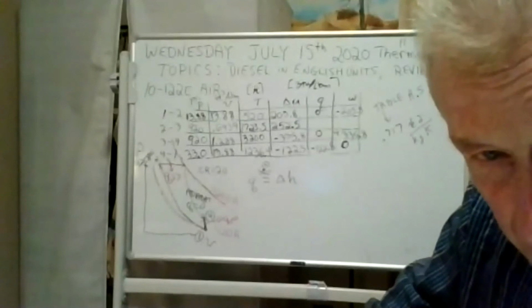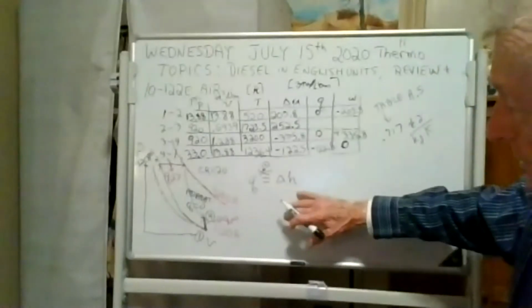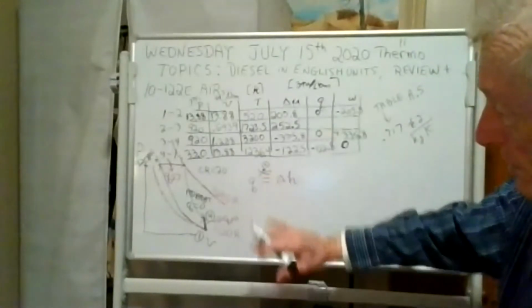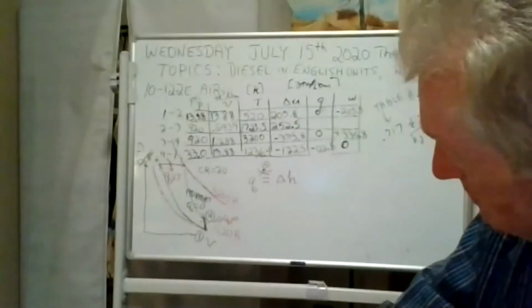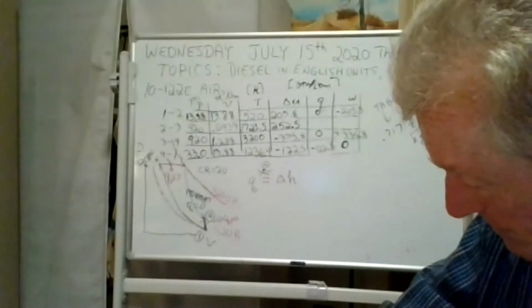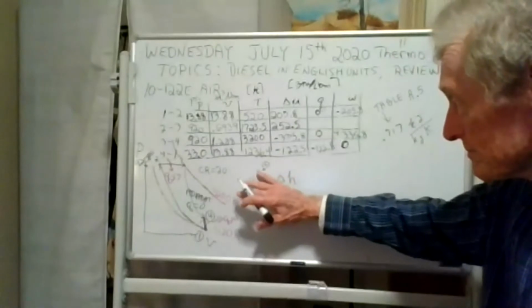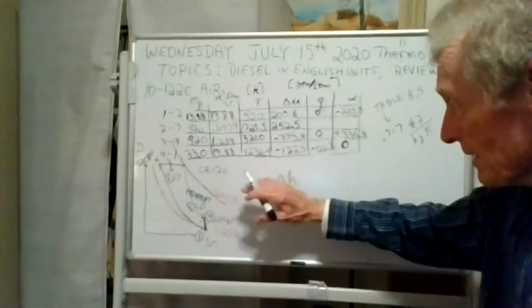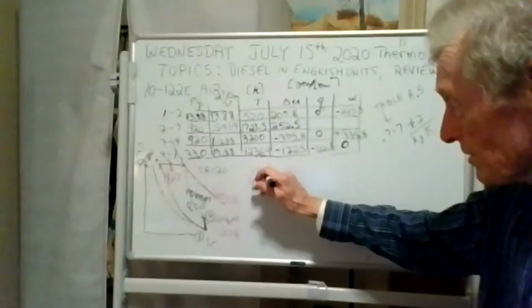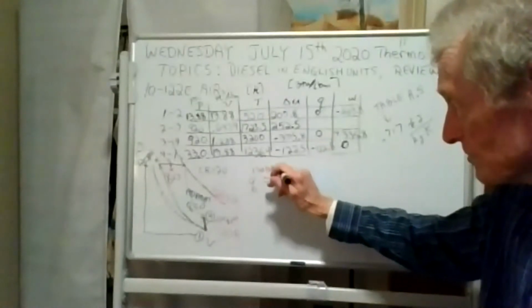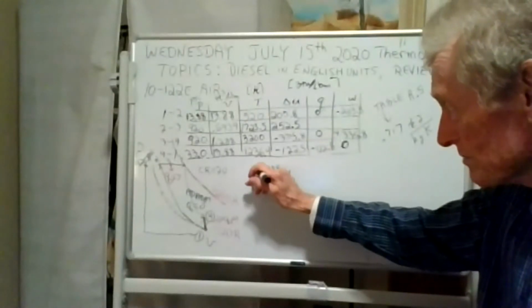We'll go to my friend Spencer. Spencer, this is a lovely equation. I've warned you about it. It only works for what kind of process? Isobars. That's it. It only works for isobars. Now, I derived this equation for you guys.